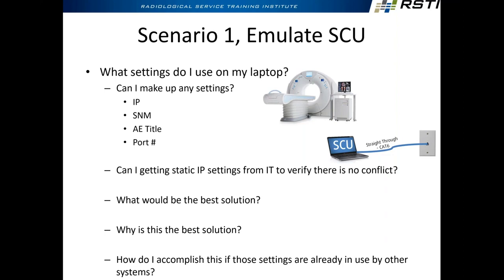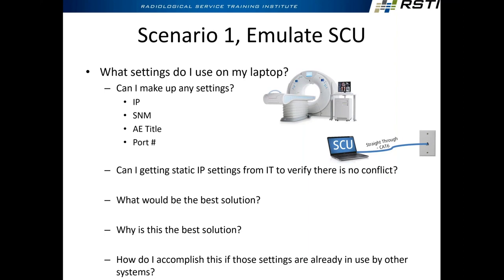So I'm going to set up the SCU to send to the PACS. What should you use in here for IP, AE title, port number? What you've been provided. But you weren't provided anything for an emulator. That's true. IT probably wouldn't know, so it's easier to ask forgiveness. Basically, I would copy whatever their provider is, use these settings, use the IP of your CT.